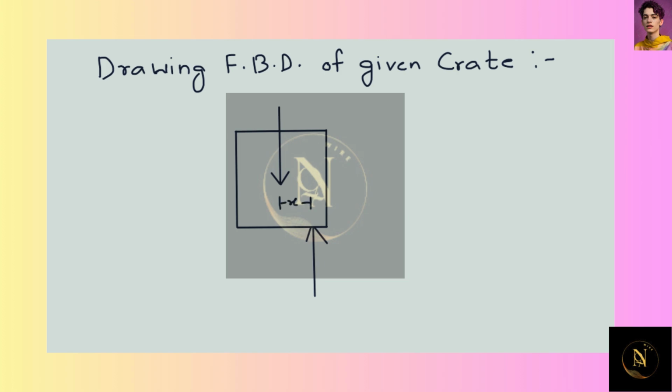So here this distance is x and this is P at a distance of 1.6 meter. Here it is Fc and here it is Nc.